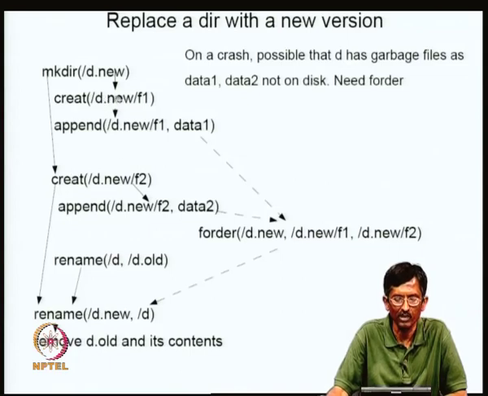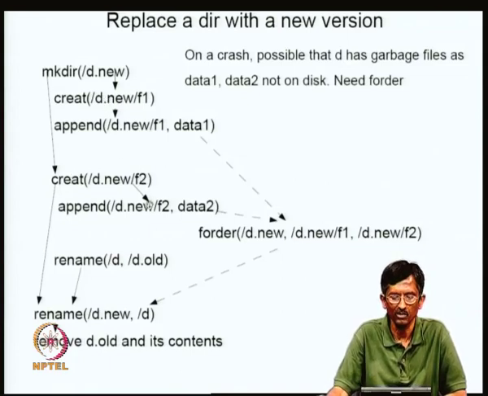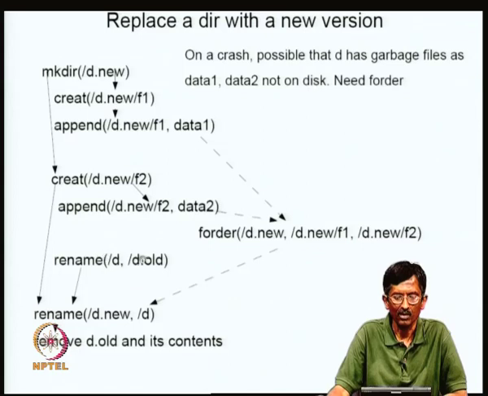So you created one file f1 here, you created another file f2 here, you put data d1 into this new directory and you created some data d2 into this file f2, and you had an old file and you basically took the directory d and replaced the contents of that d old with d.